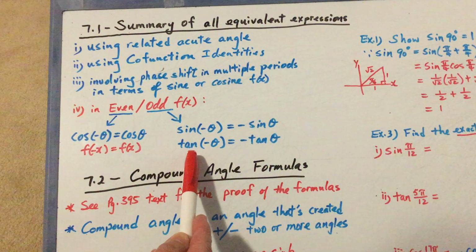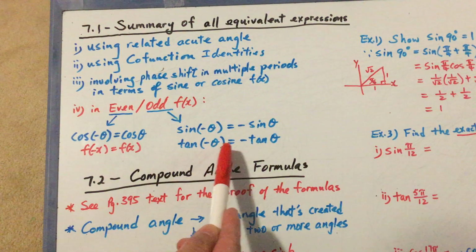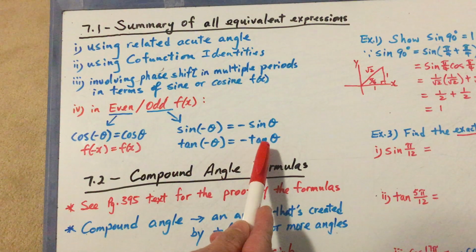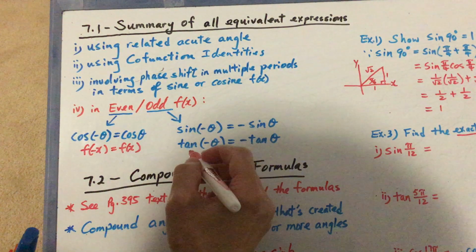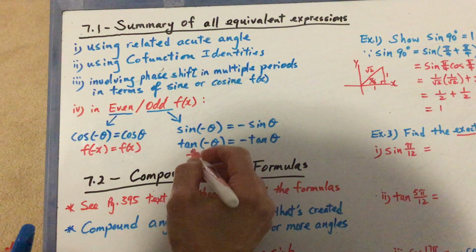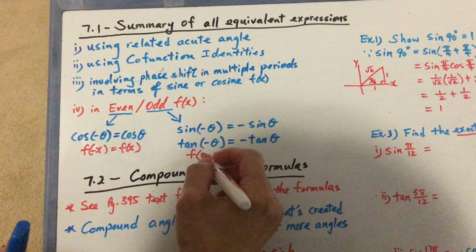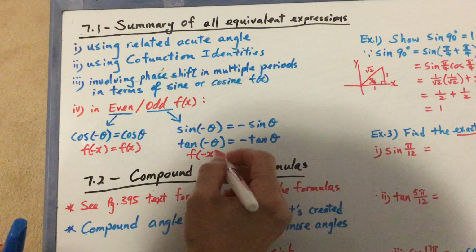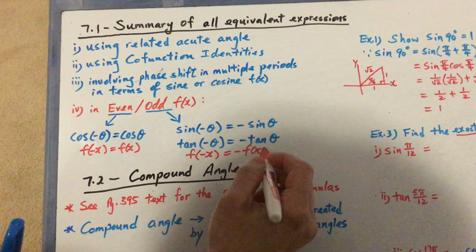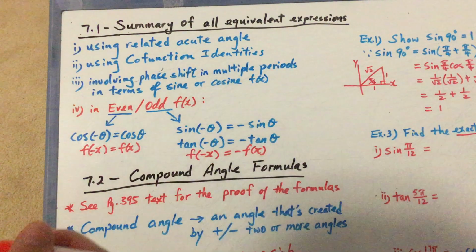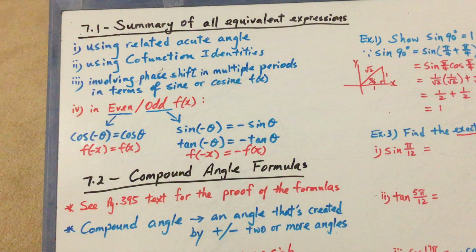Same thing with tangent. Tangent of a negative theta will also be equal to negative tangent theta, which satisfies the definition of an odd function. When you put in the negative x, you get the negative of the function back. So both sine and tangent are odd functions, but cosine is considered an even function.